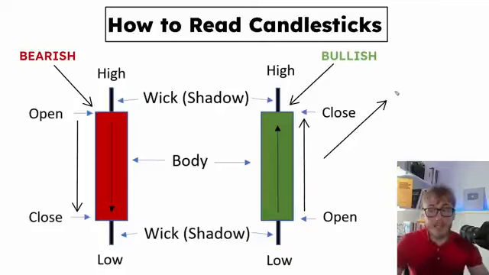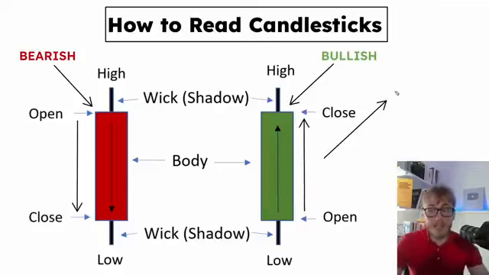One candlestick can be, for example, 1 day, but one candlestick can also represent, for example, 1 hour. I'm sorry for my ugly writing here, but I hope you can see. And one candle can, for example, represent 1 minute. These different time periods are what we call time frames.